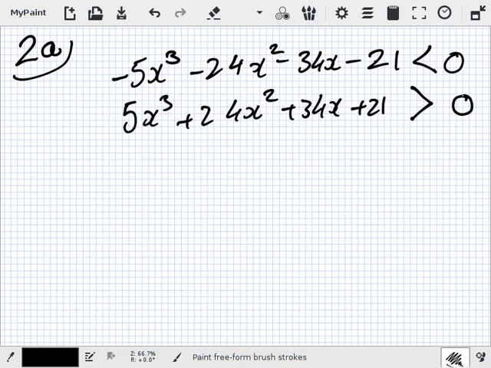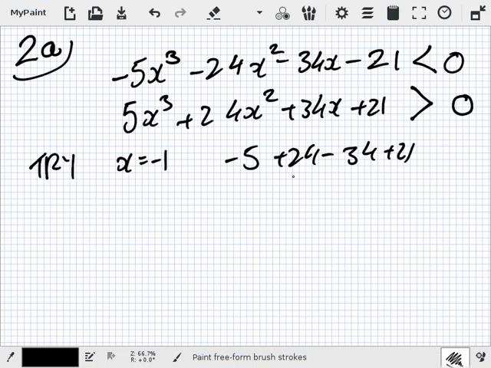Right. Let me see. Let me try x equals minus 1. So what's that? Minus 5 plus 24 minus 34 plus 21. That is 55 minus 39. And that's of course not 0. Okay.